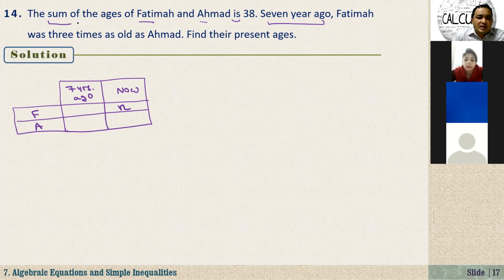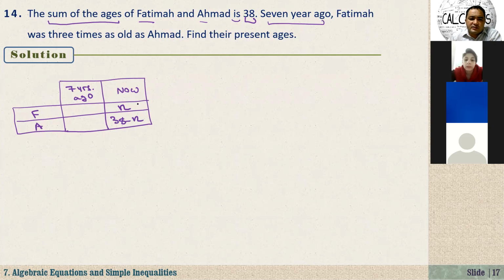Look, it says in the question, the sum of their age is equal to 38, right? If Fatima is n years old now, how old is Ahmad? No, 38 minus n, because the sum of the ages is 38, right?